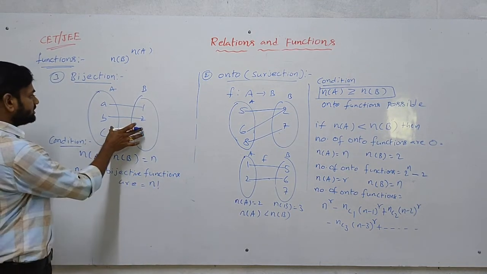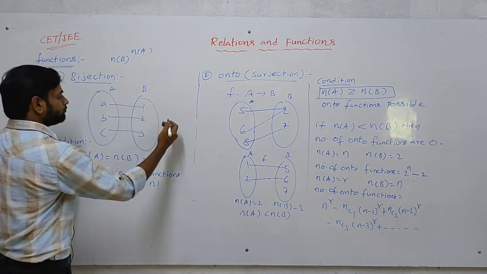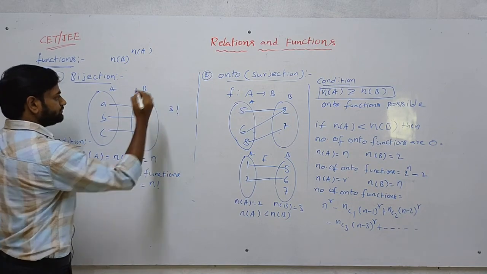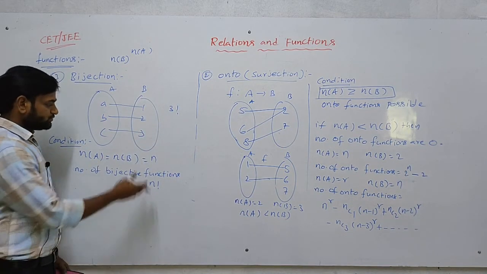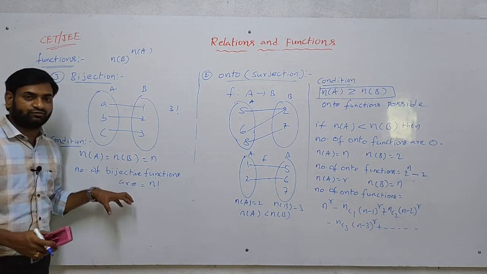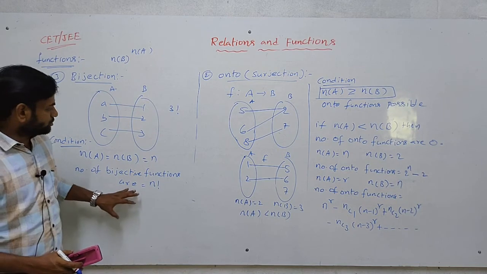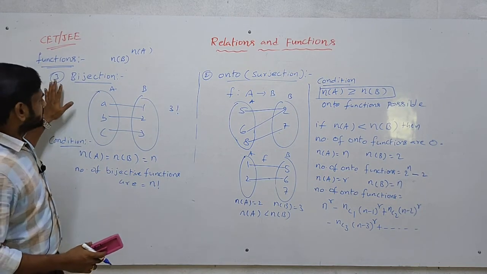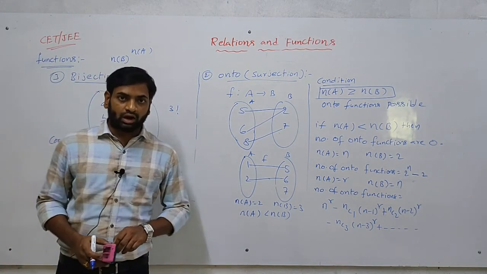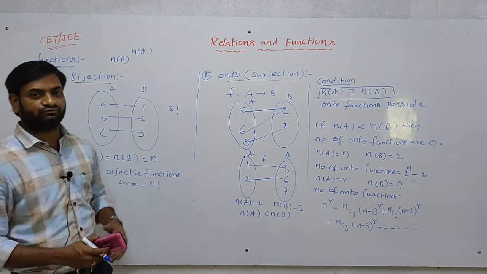Here n(A) and n(B) are both the same. With 3 elements, the number of bijective functions is 3 factorial. If you have 4, it is 4 factorial. The number of bijective functions is n factorial. So it is one-one, onto and bijective. And that is the introduction for functions.